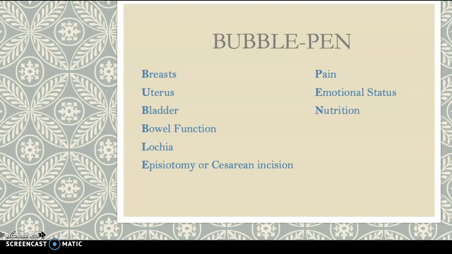So the main things we're going to look for postpartum is any kind of infection in the breasts or any other part of the woman's body. We're going to look for those DVTs that women are high risk for, leading to PEs, pulmonary embolism.